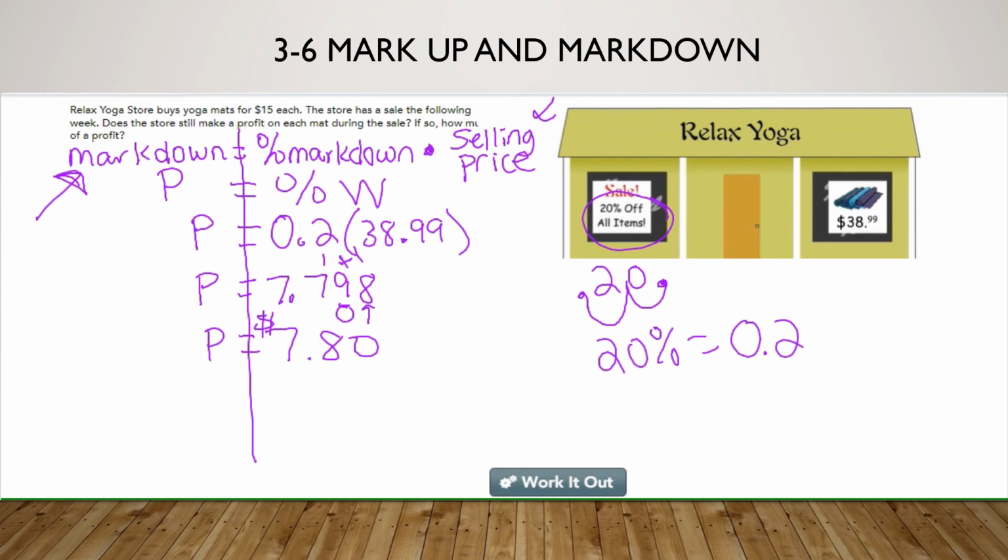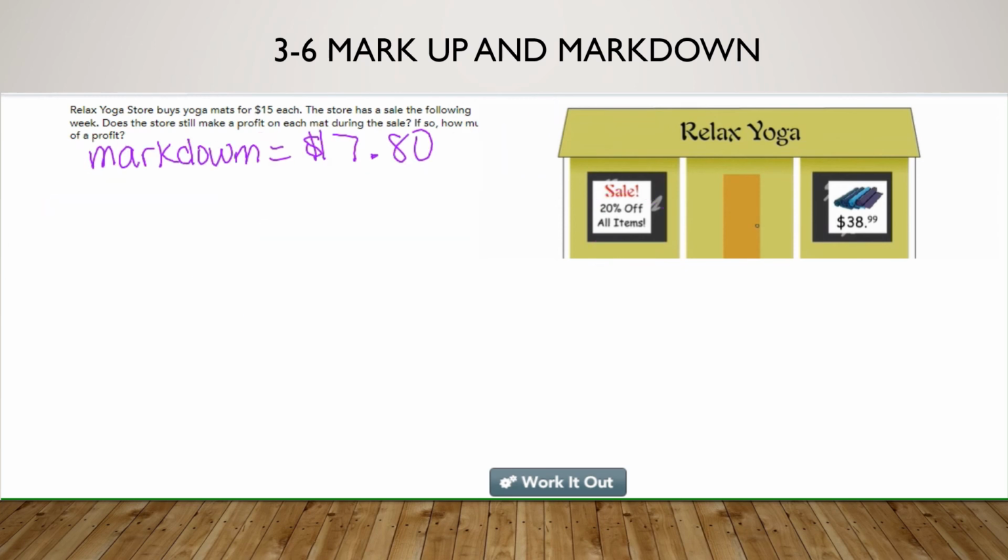So that means we have to now move on to step 2 and figure out what the price is now. Step 2 is to find the sale price, and to find the sale price, we have to subtract the markdown from the selling price. So the selling price was $38.99.